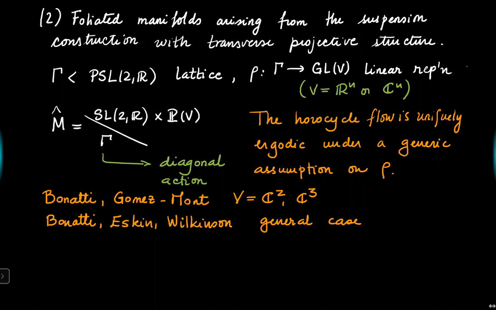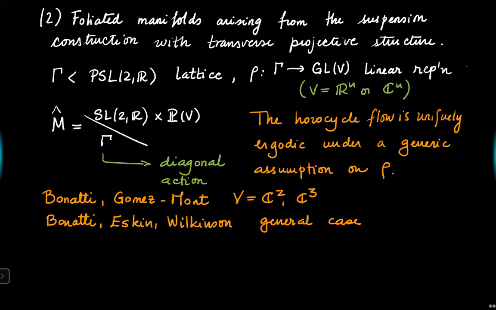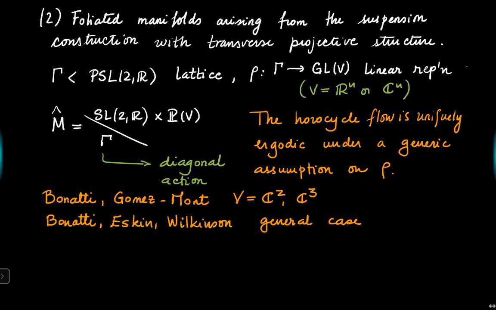And under a generic assumption for the representation, this flow is uniquely ergodic. So this is a result by Christian and Javier Gomez-Mont for the case of fiber CP1 and CP2, and in general is due to Christian, Eskin, and Wilkinson.